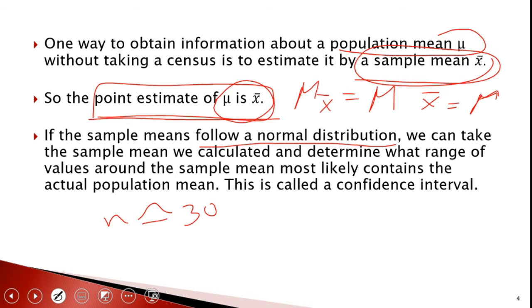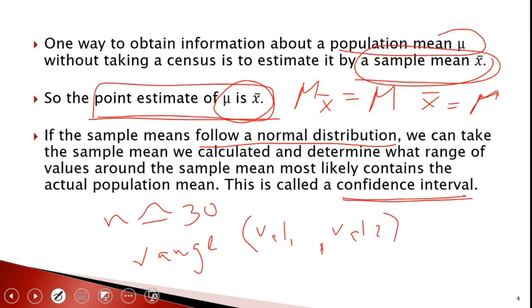But in some cases, we will have some kind of range, two values, let's say val 1 and val 2. This kind of range we call a confidence interval. It is an interval. So, as I mentioned, we use two things in this chapter: point estimate and confidence interval.